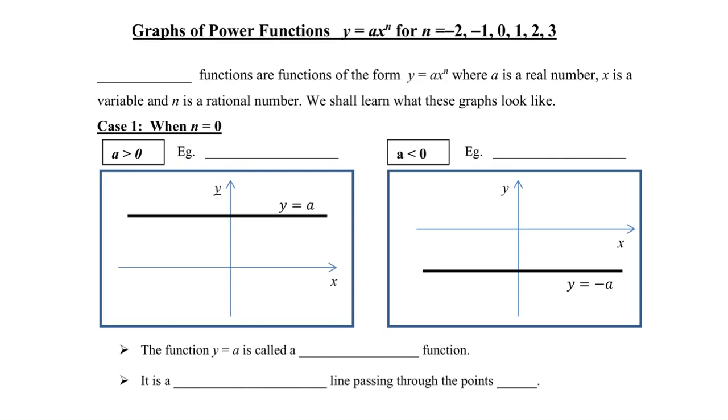Hello everyone, welcome to this video as we are going to explore graphs of what we call power functions, which basically means that it is y equals a x to the power n, where a is a positive real number, x is a variable that can be any number, and n is a rational number.